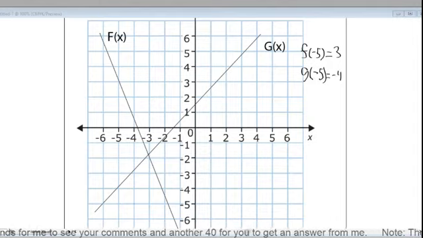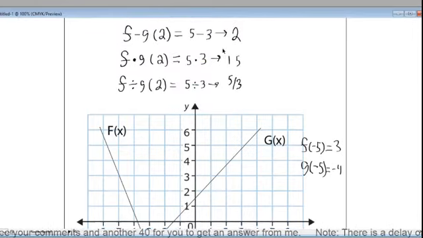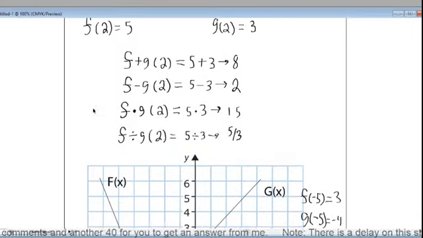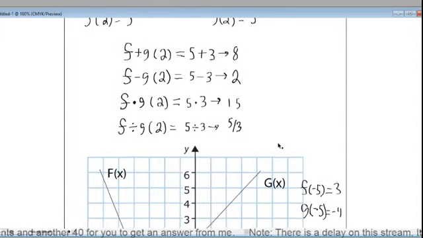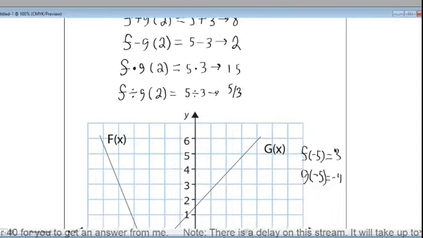So now we can do the same thing that we did before up here, where we did plus, minus, multiply, and divide. So if we want to do plus, that would be 3 plus -4, which is -1.